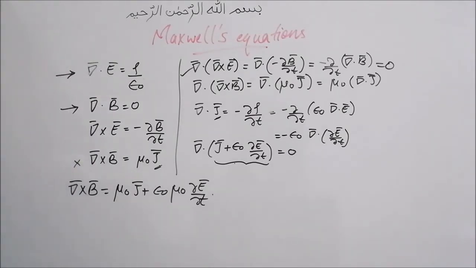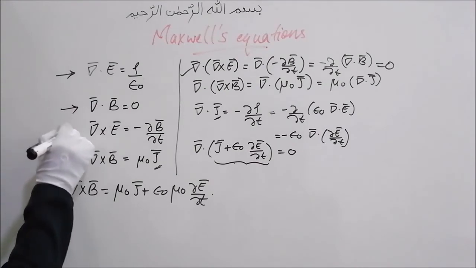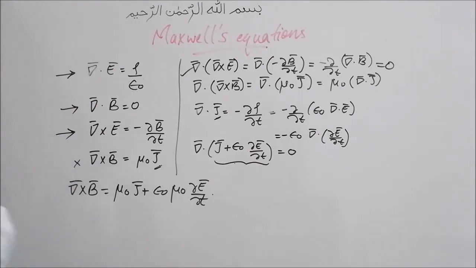This is the Maxwell's second equation. This is the Maxwell's third equation, which is the Faraday's law, and this is the Maxwell's fourth equation, which is the modified Ampere's law.